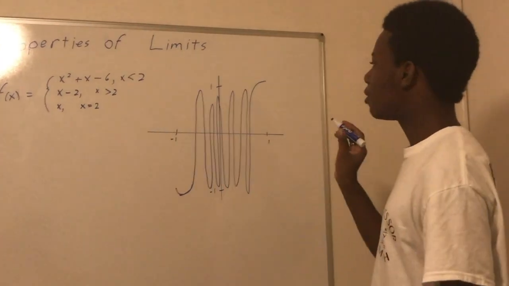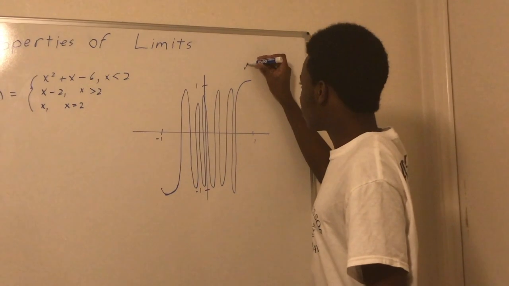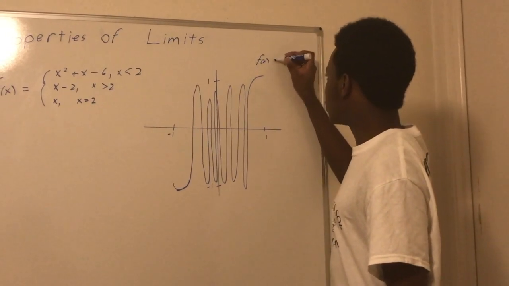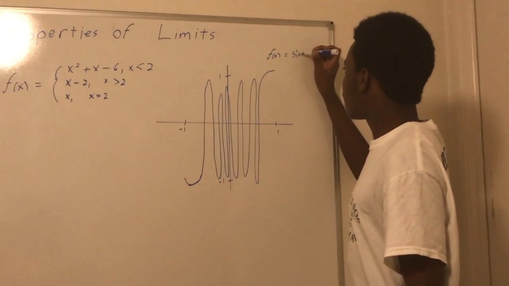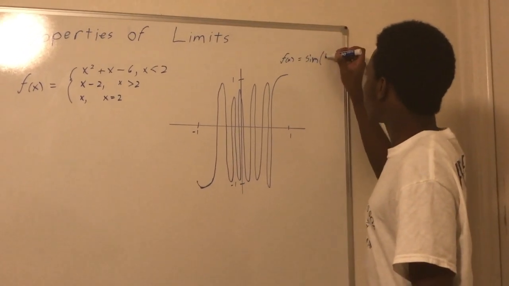Okay, so this next graph is the graph f of x equals the sine of 1 over x.